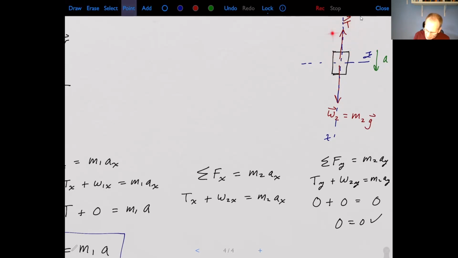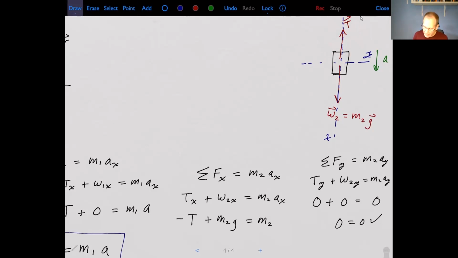All of it. And is it positive or negative? Based on my definition, it's negative, right? Because remember, downward, I'm calling positive. So this is just going to be negative all of T, right? Negative all of tension. And then what about the weight? How much of the weight is in the X direction? All of it, and it's positive, right? Because it's acting downward. So this is just M2G. And that's got to equal M2AX.